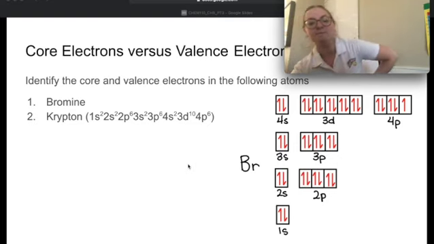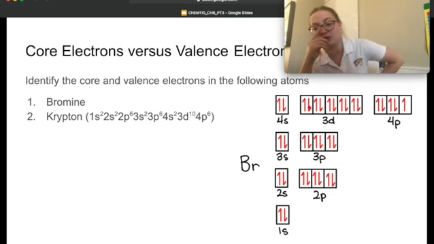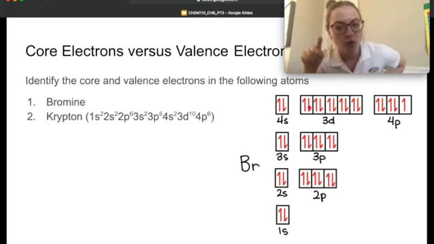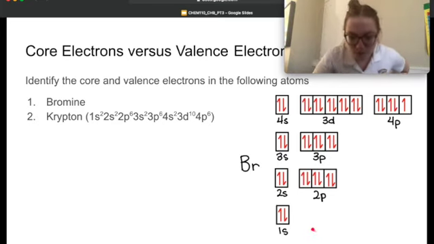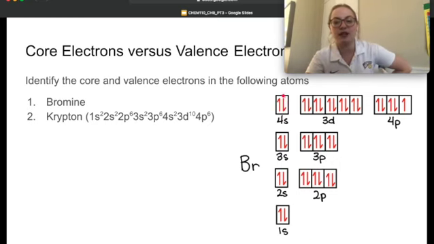So we're going to do bromine. Bromine here is this orbital diagram that I've drawn. If I want to look at this, I need to identify which ones are core and which ones are valence. Well, remember, it's the principal quantum number. So the valence electrons are 4s2, 4p5. They have that principal quantum number of 4, so they are the valence electrons.